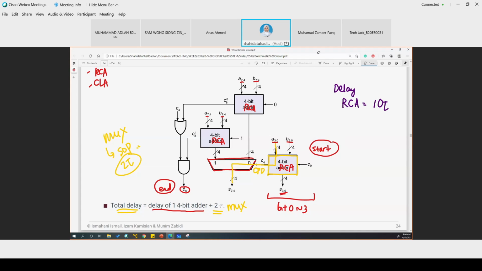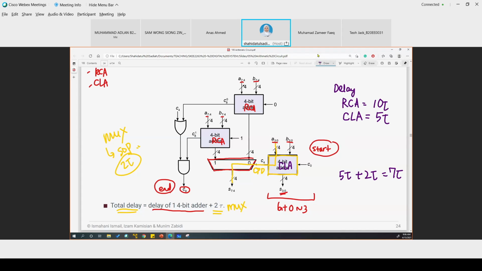And let's say the question says this is a carry look ahead adder, like a simple carry look ahead adder. So the delay for the carry look ahead adder is 5 tau. Okay. So if this is the circuit, here is CLA and here is RCA, and then the delay is 5 tau plus 2 tau. So that is 7 tau, right?